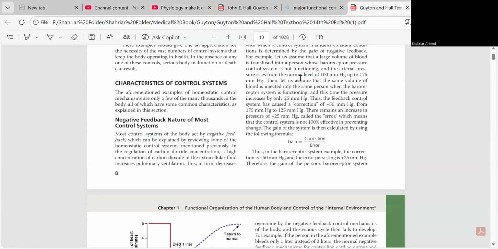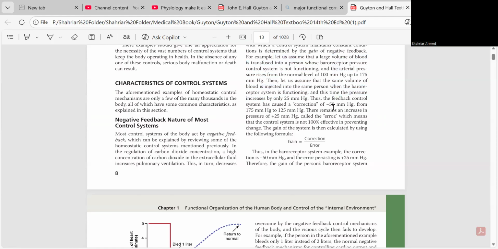Again, we read it. Let us assume that a large volume of blood is transferred into a person whose baroreceptor pressure control system is not functioning and the arterial pressure rises from normal 100 to 175 millimeter mercury. Then the same volume of blood is injected into the same person when the baroreceptor is functioning, and this time the pressure increases only 25 millimeter mercury.